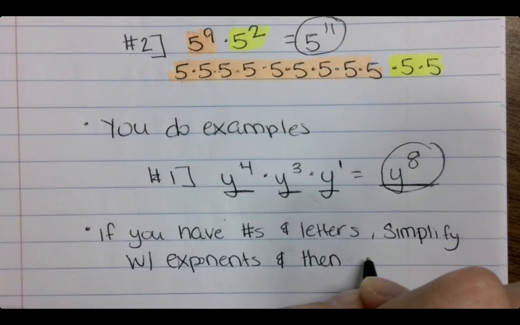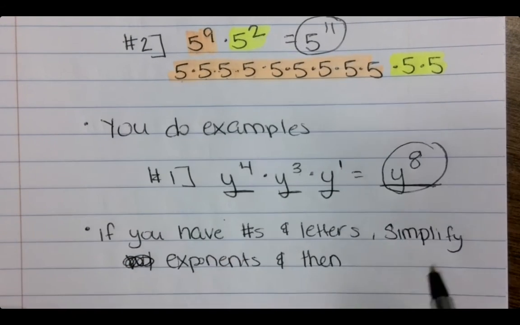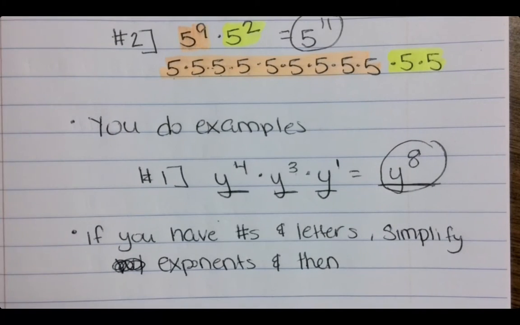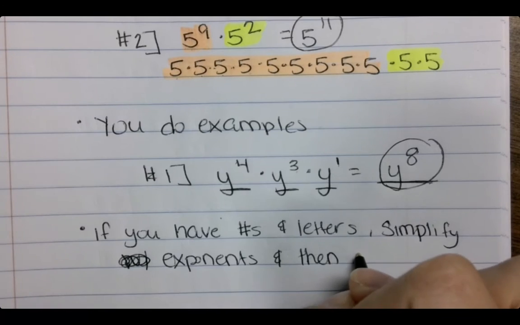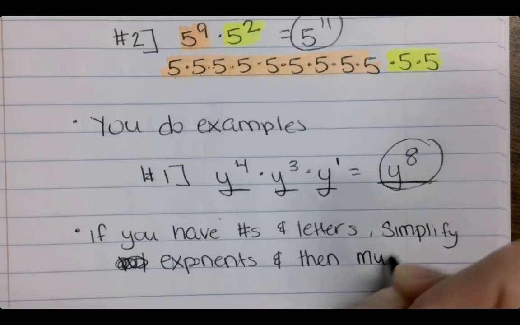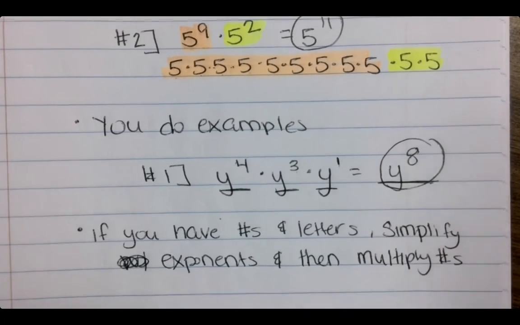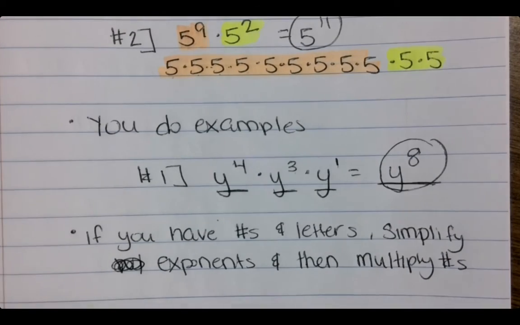Simplify the exponents right in that simplified exponential form. And then you need to multiply the numbers. So if you have both numbers and letters, you need to simplify with the exponents first, and then you need to multiply the numbers.